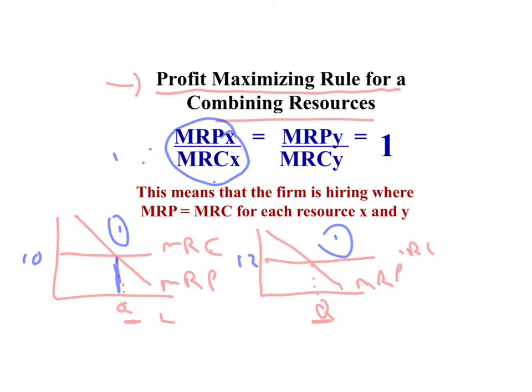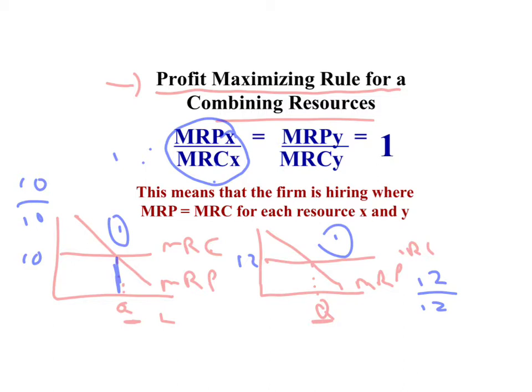So if MRP is equal to MRC at $10 for labor, but for capital, it's 12 over 12, okay? Both of these are not equal to each other, but they are equal to 1, okay? So that is the key with the profit maximizing rule.